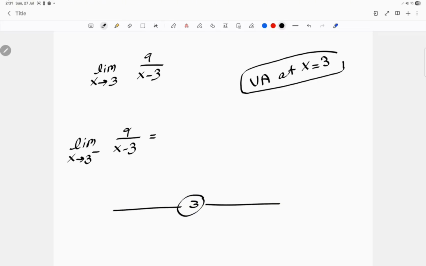Choose a number on its left that's very, very close to it. So you get -infinity. On the right, 3 point something. So from the right side, you get positive infinity. Okay.